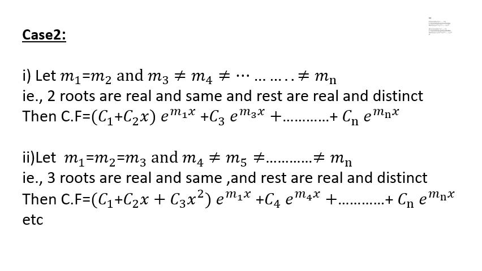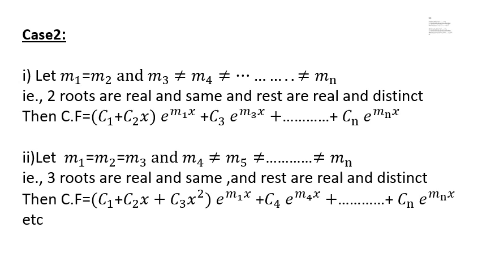This means three roots are real numbers and same, but the remaining roots are real numbers and they are not same. They are different numbers. Is it clear? M1, M2, M3, three values of D are real numbers and they are one and the same. Remaining values of D, say M4, M5, etc., Mn are real numbers, but they are not same numbers.